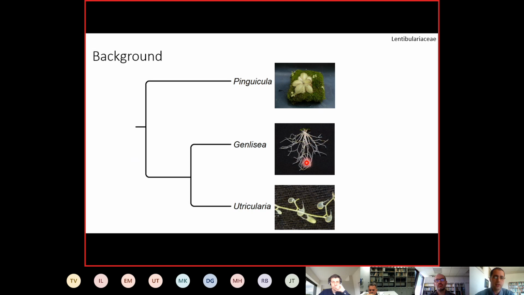The root-like structures in Genlisea are actually helically twisted underground leaves, which allow them to catch small aquatic or underground organisms. And in Utricularia, the leaves are transformed into complex bladders which actively form a vacuum inside, and upon stimulation they suck in small organisms as prey.